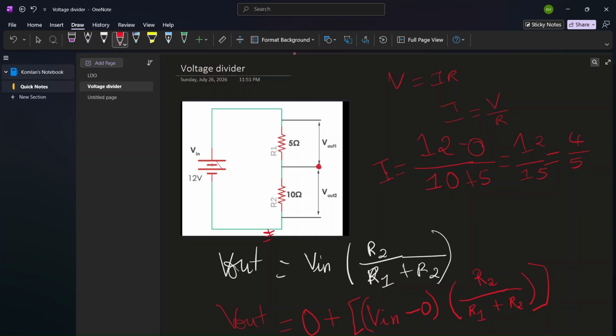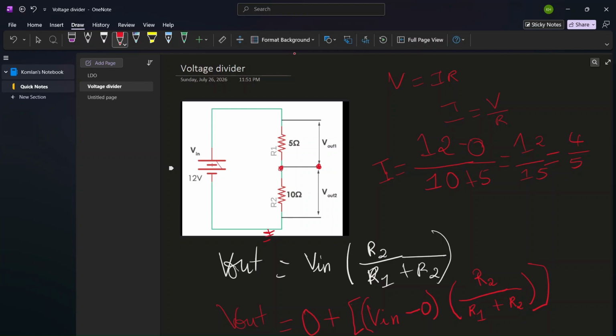So this part, the VR, is coming because finding the voltage at this node is nothing but basically I need to know the current that's flowing through here, and when I know the current, I'm just going to multiply by the resistor.